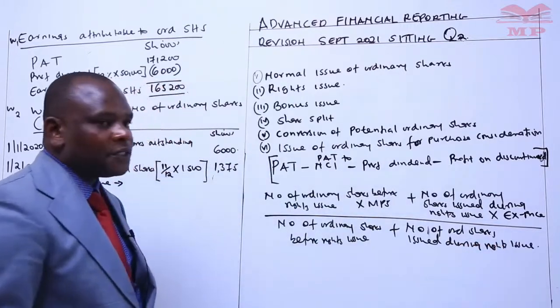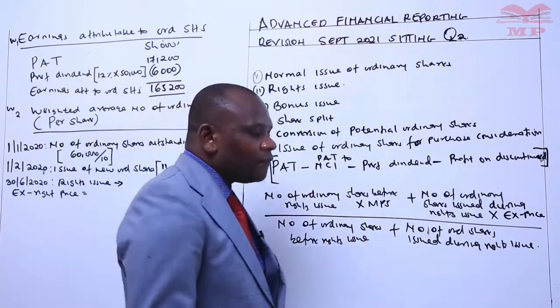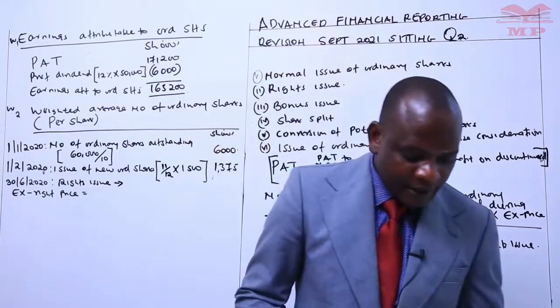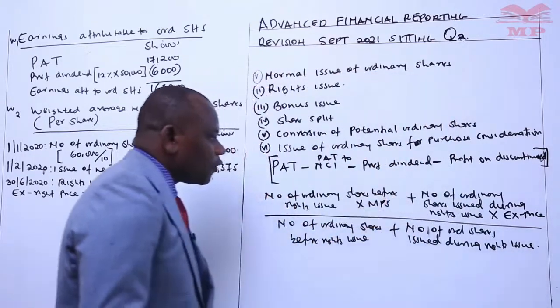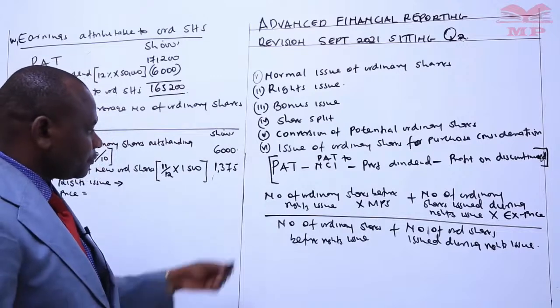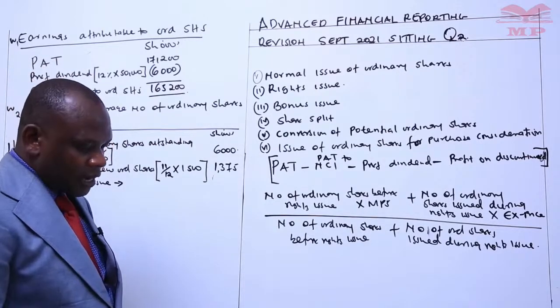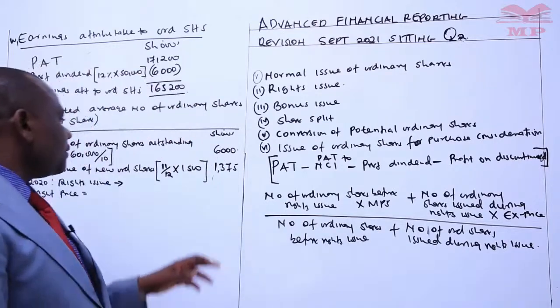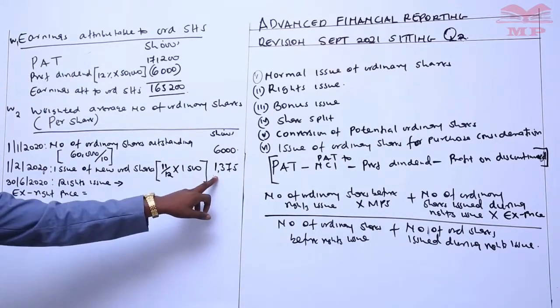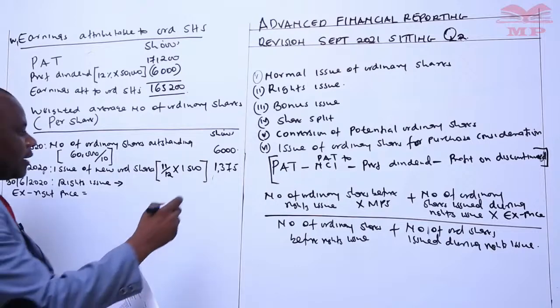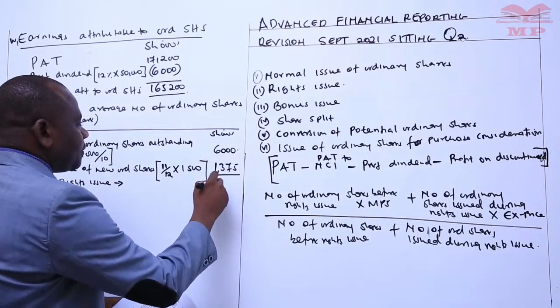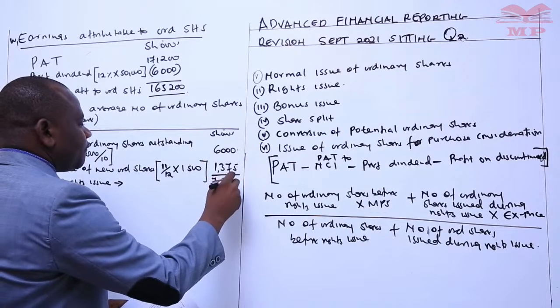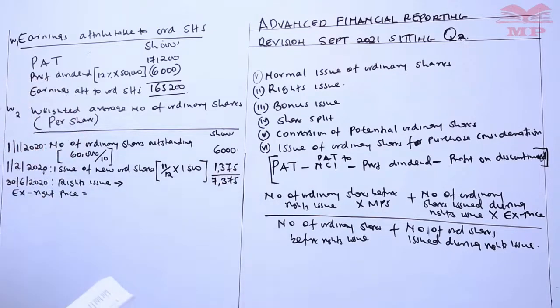To some students, at times it is not a very friendly formula, but I'll make it easier for you. There are two ways we can go about this. The first one is this. Up to date, if we add this, we have 7,375 ordinary shares.